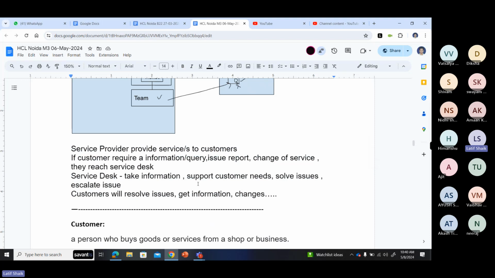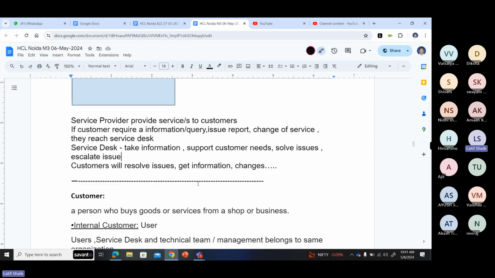You are providing a service to the customer, but the customer gets an issue, or maybe wants some information, a query, a change of services, or a request for access. So he has to approach the service desk. The service desk gets information from the customer, understands the customer's needs, and gives support to the customer. If he has any issues, they resolve them.